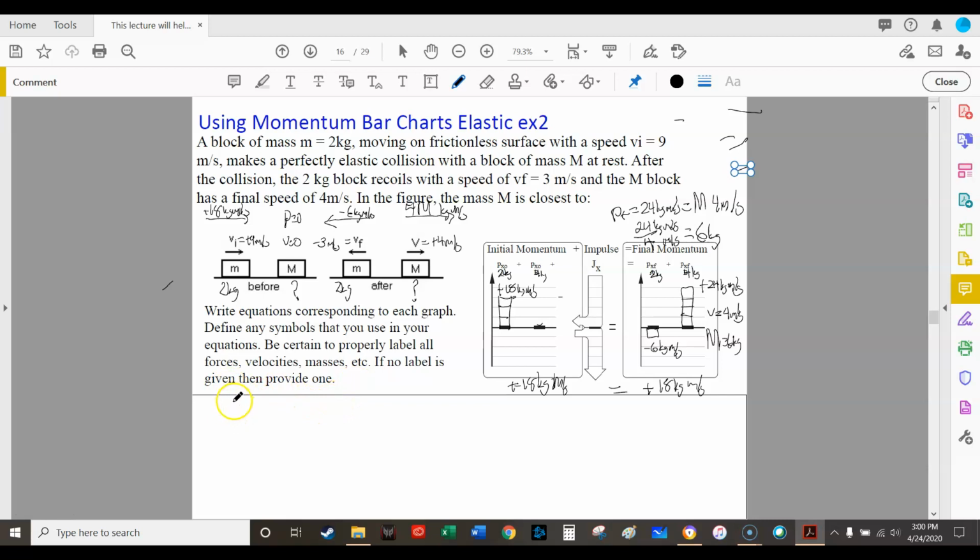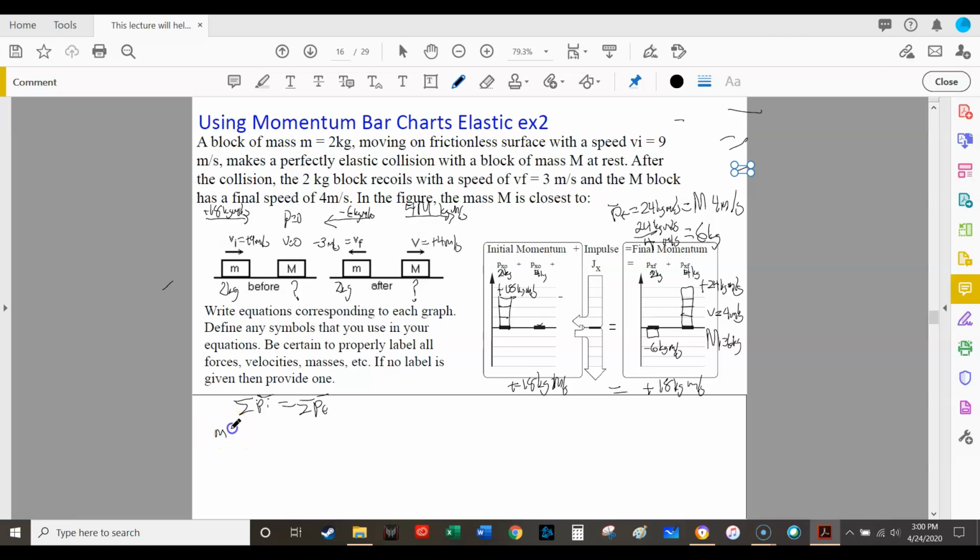Always start with the sum of the initial momentum is equal to the sum of the final momentum, right? Okay, I've got to make sure I put a little vector on that. I'm just going to go ahead and put in the variables here.